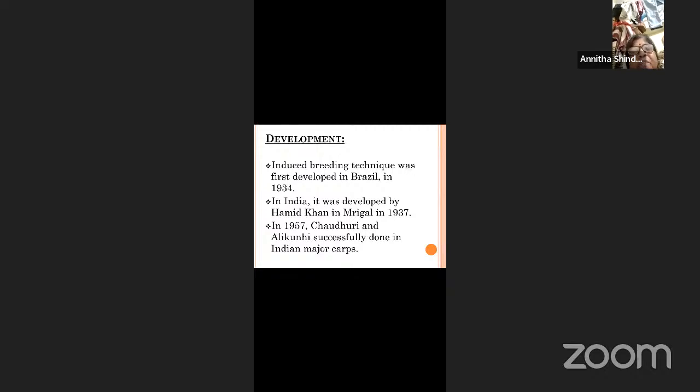So that is why they have given here: the induced breeding technique was first developed in Brazil in 1934. Then in India, it was developed by Hamid Khan in the Mrigal, which is one of the species, in 1937. Later on in 1957, Chowdhury and Alikunhi successfully developed induced breeding in the Indian major carps.